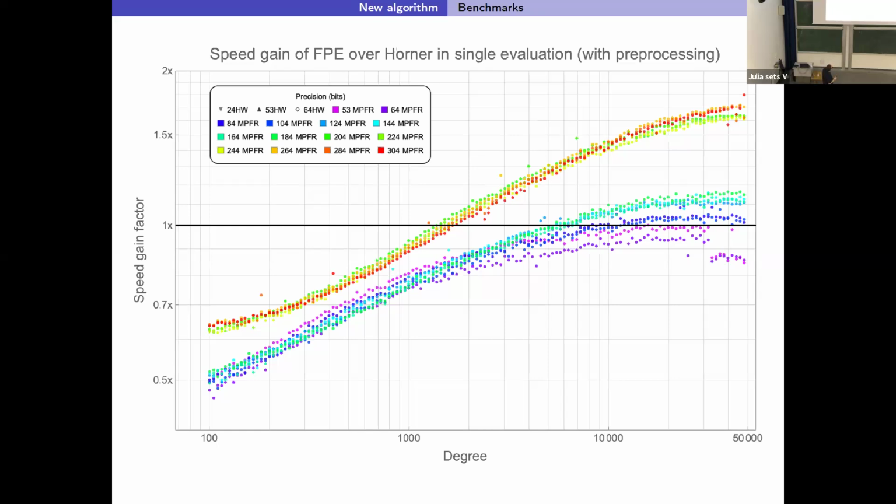When you use high precision numbers, like 200-something bits, which is less than 100 digits, right? Because 2 to the power 3 is less than 10. We have a gain factor of 1.5 or something with one polynomial and one point. Of course, it does not contradict the theorem because this should hold for every point and it's not finite precision and so on. But in practice, we do a little bit better. We almost do the impossible.